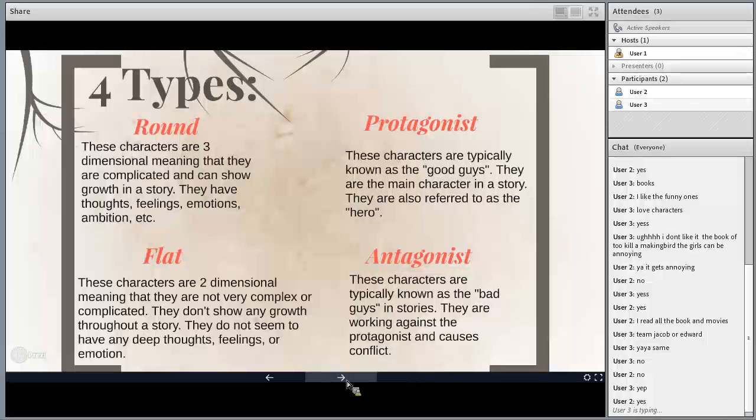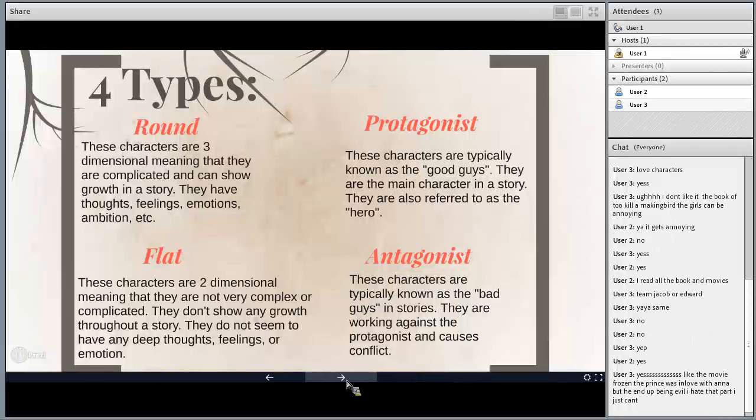Orange is the New Black, I guess, would be a good example. The protagonist was Piper Chapman, and the show was about her and what happened to her, but she's not really a hero in the show. She did something bad and now we're just following her around. That's kind of fun when authors do that.